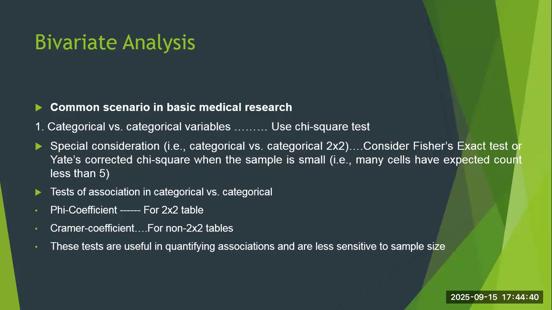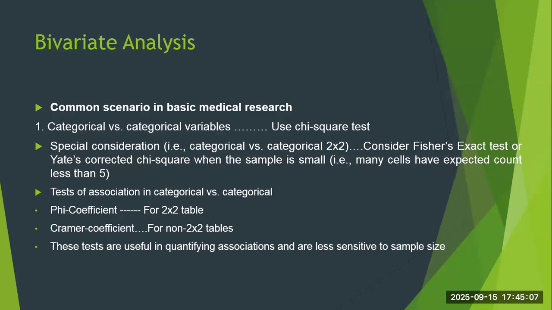One received fentanyl and the other received maybe pentazocine. He wants to compare the risk of vomiting, or the prevalence of vomiting, in the two groups. So he recorded vomiting present or absent, and he has two groups, those with fentanyl and those with pentazocine.